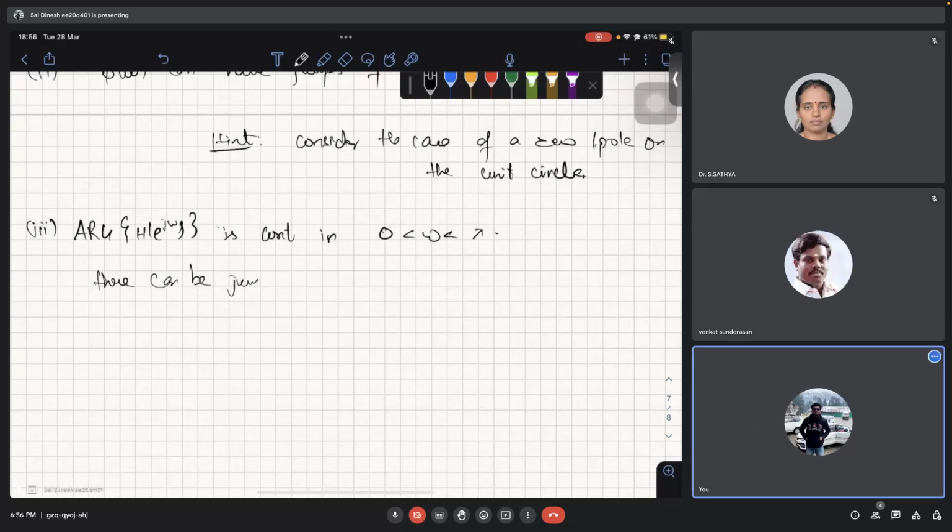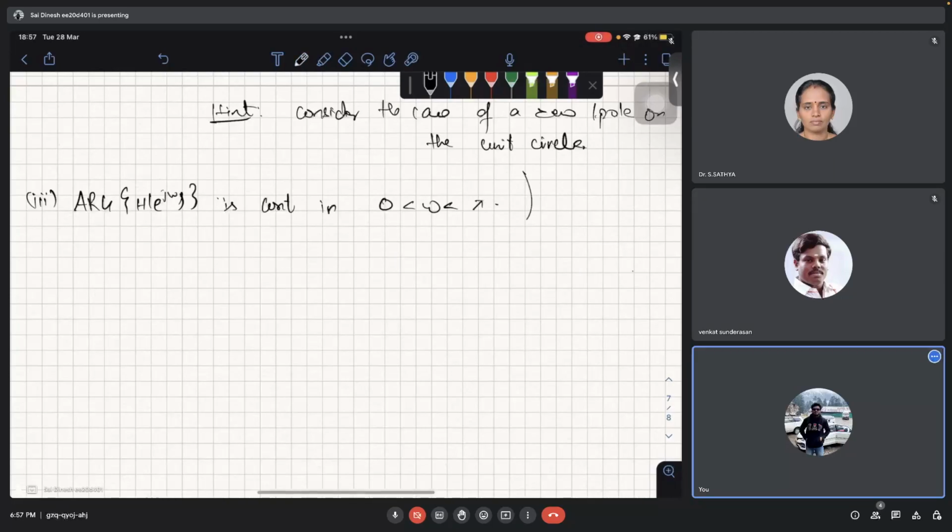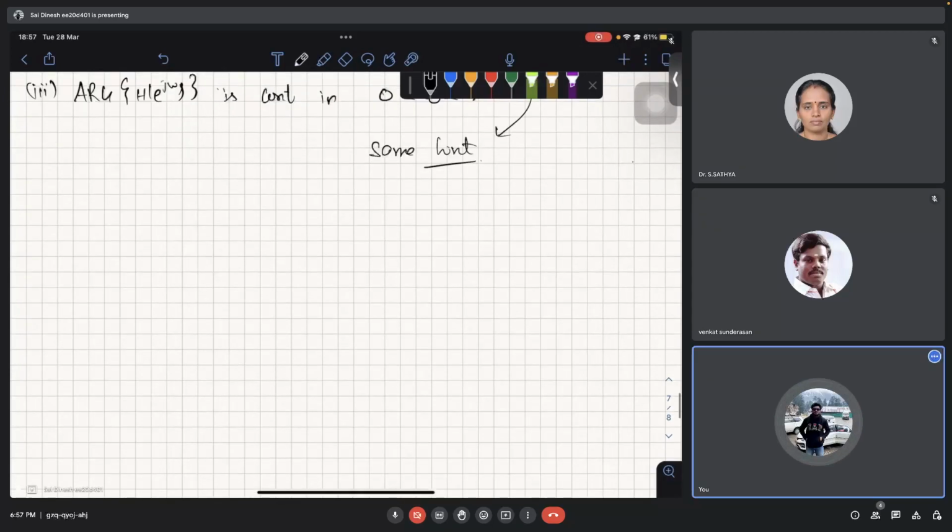There can be jumps. Then the fourth one is small arg. So this is capital and this is small, meaning this is unwrapped, right?